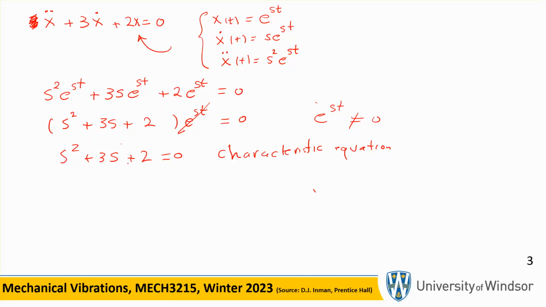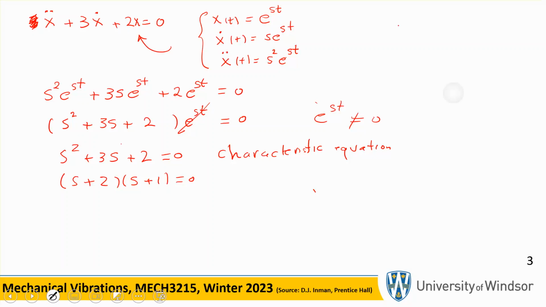This is an algebraic equation. There's no more derivative there. You use the formula for quadratics, or if you can factor it, you just do it based on what you know from your high school stuff: s plus 2 times s plus 1 equal to 0. Remember, in general, we can use the quadratic formula that I have on the previous slide.